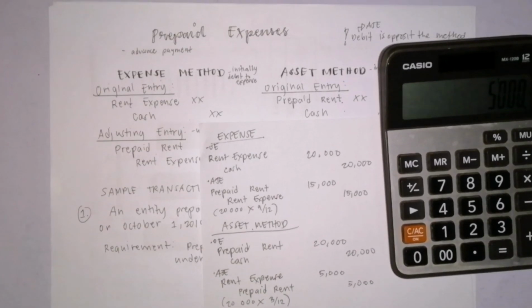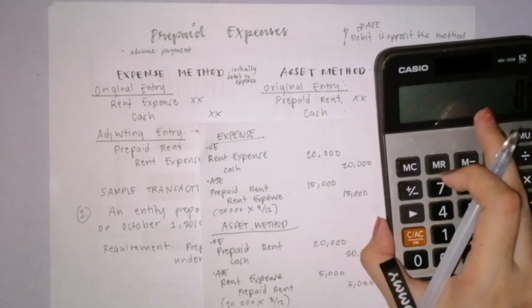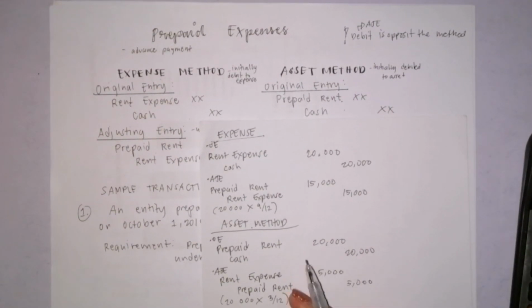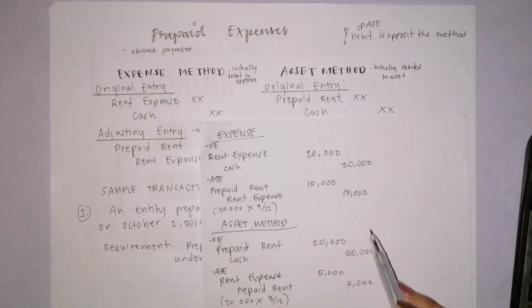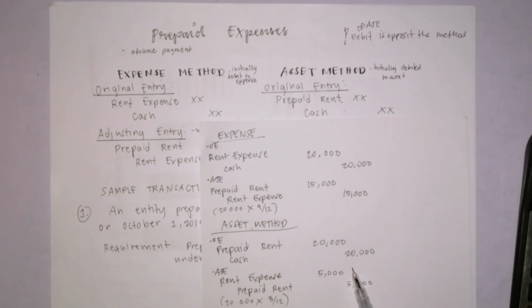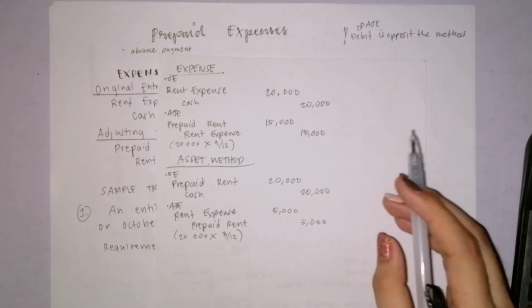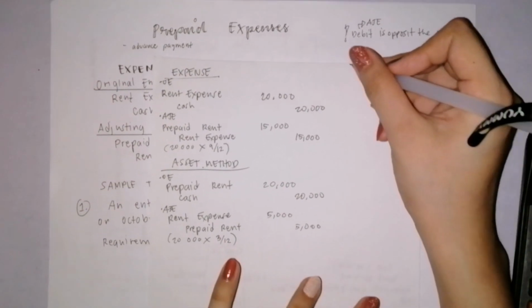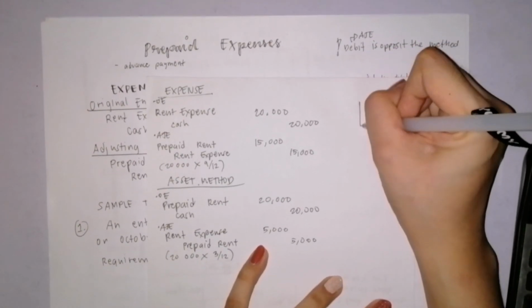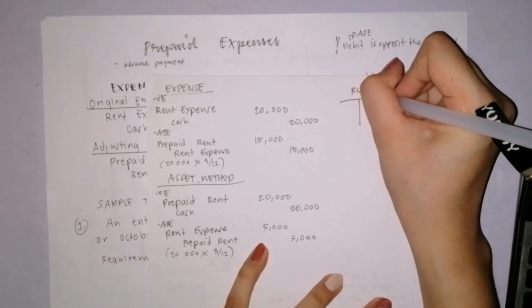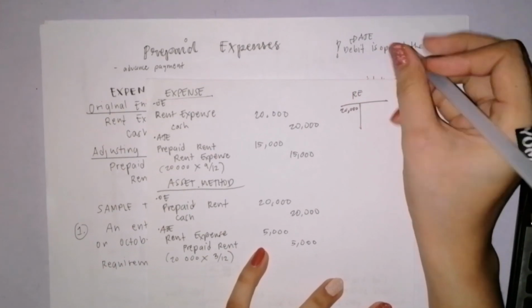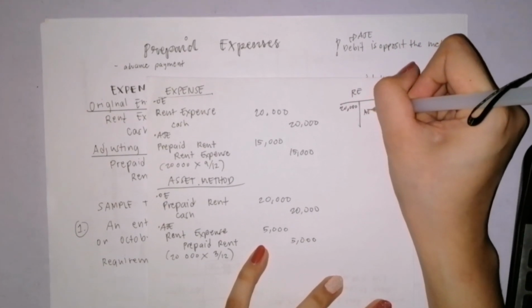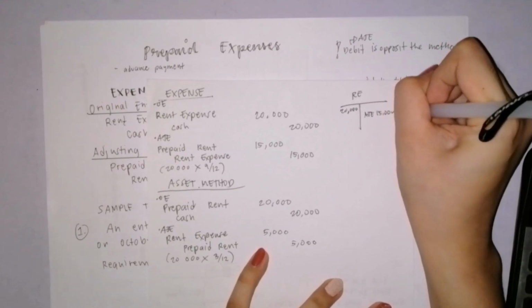So we're done with the two methods in recording prepaid expenses. Regardless of the method used, whether expense or asset method, this will give us the same balance of expense and asset accounts. Let us make a T account in order to determine their balances. First is the rent expense. In the original entry, we debit 20,000, and by adjusting entries, we credit 15,000.